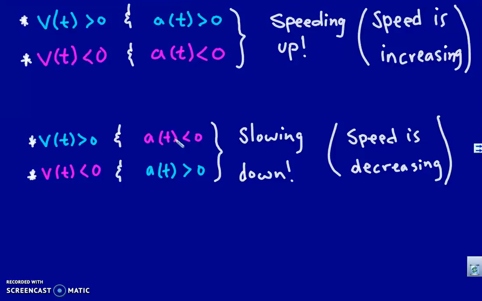If velocity is positive, however, and acceleration is negative, you are slowing down, and that applies also if velocity is negative, yet acceleration is positive. So speed is decreasing. In other words, if the sign of velocity and acceleration are the same, you are speeding up. If the sign of velocity and acceleration are different, you are slowing down.